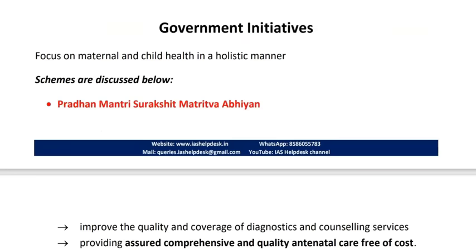So now let's see some of the government initiatives that target implementing and improving the maternal mortality ratio and focus mainly on maternal and child health. The emphasis has been on ensuring a continuum of care to address maternal and child health in a holistic manner.